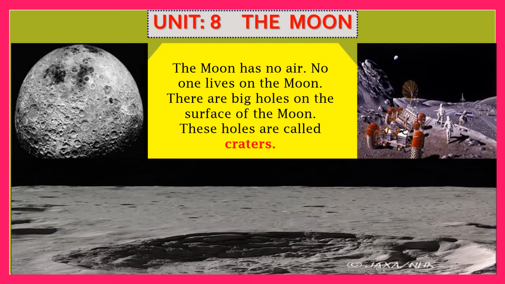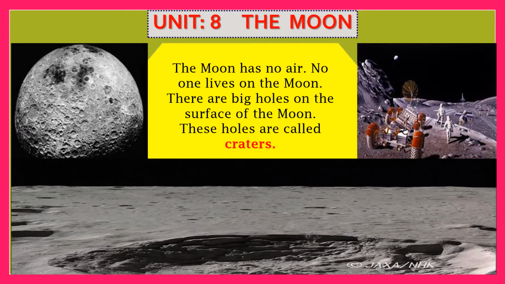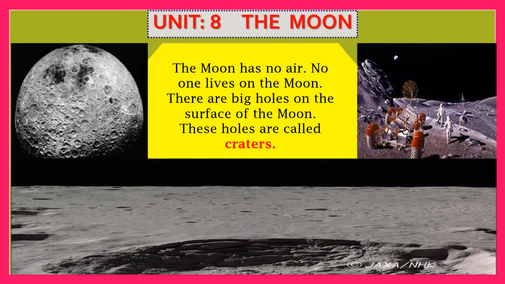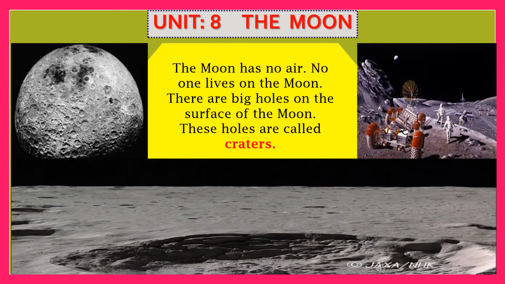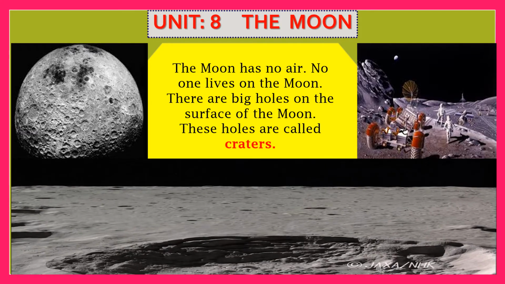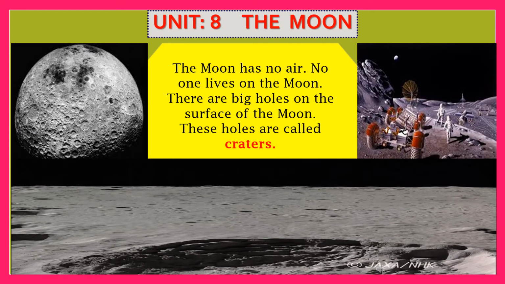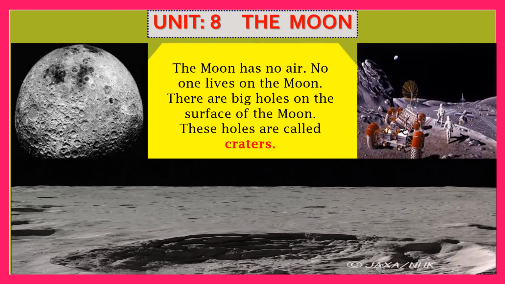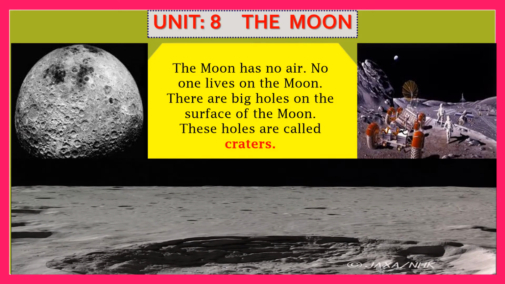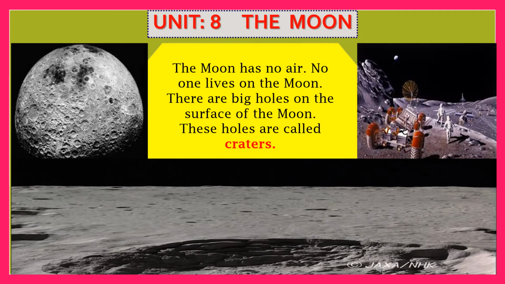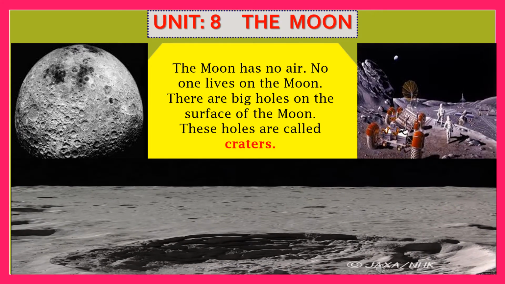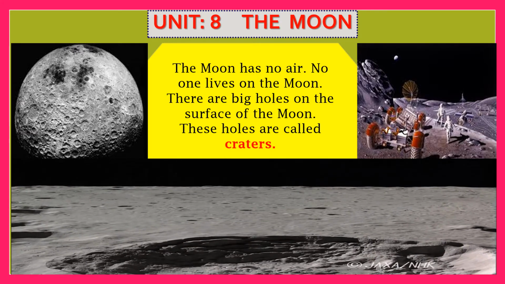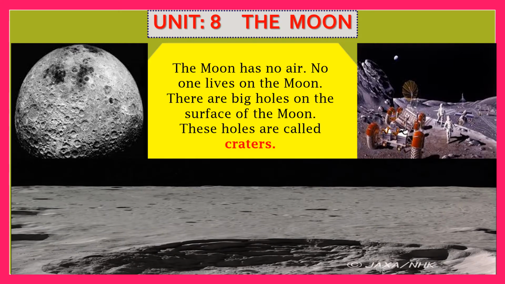And what are these holes called? Yes, craters. I told you that big holes on the surface of the moon are called craters. C-R-A-T-E-R-S, craters. Craters is a word that is used for the big holes.